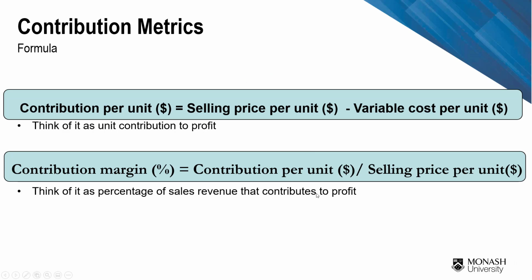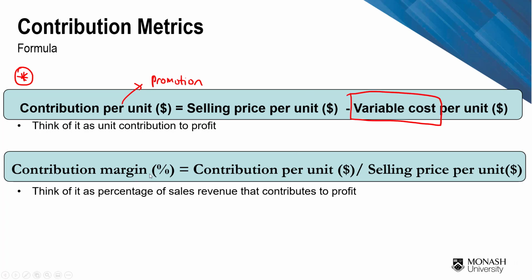In this case, they're just showing you a formula that you probably use quite a lot. We talked about contribution somewhere in week 6 or week 7 when we talked about promotion. If you remember, contribution is the selling price minus the cost. To be more specific, it is the selling price minus the variable cost.